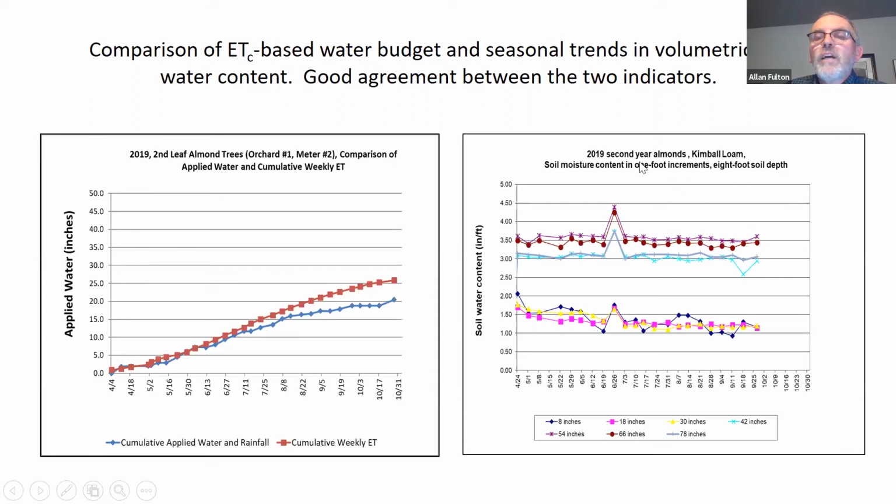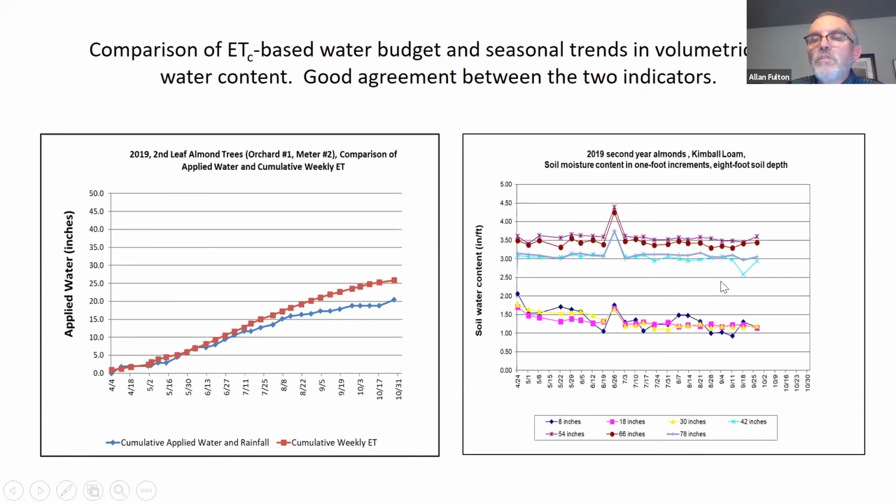This graphic to the right is using, I'm sorry, not using watermark soil moisture sensors. This was actually using a neutron volumetric soil moisture device, measuring the water content in 1 foot increments down to 8 feet, on approximately a weekly basis. The point of this graphic is these are your shallower soil depths down here: the surface foot, 2nd and 3rd foot.